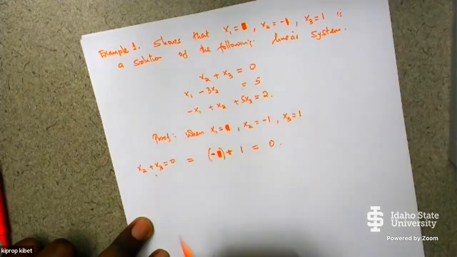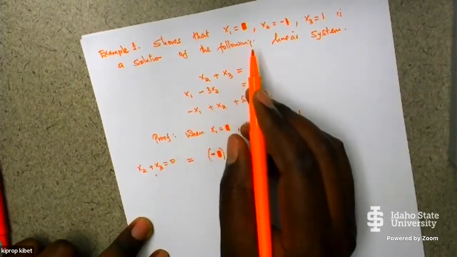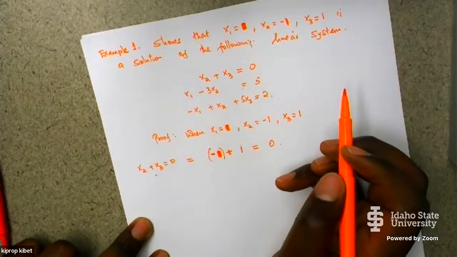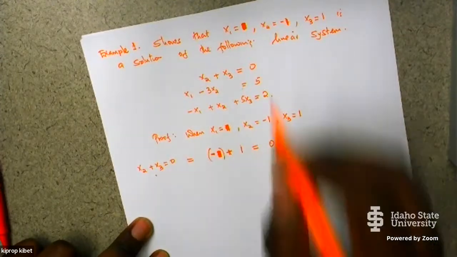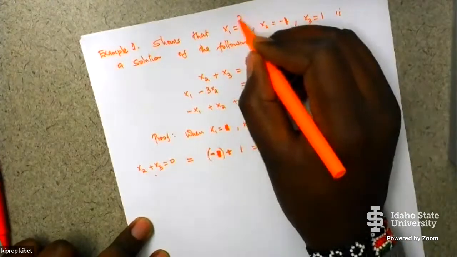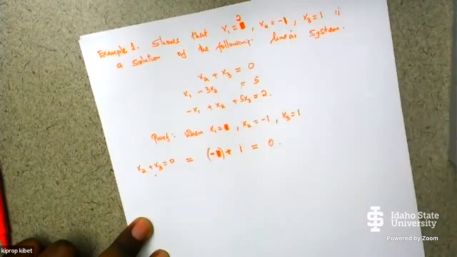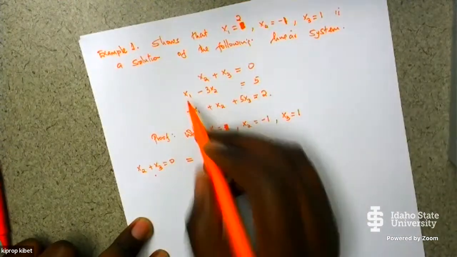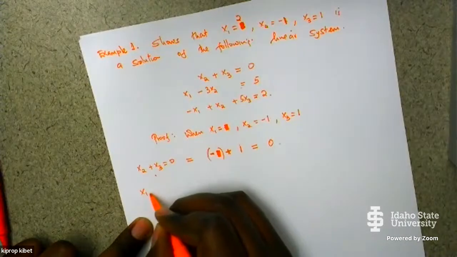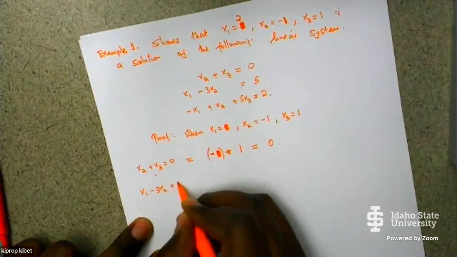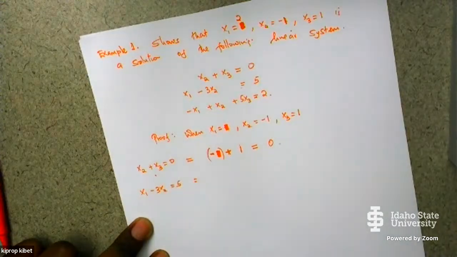When we come to the second one, x1 is 2. That is 2, and x2 is negative 1. So x1 minus 3x2 equals 5. Let's see if that is a solution.